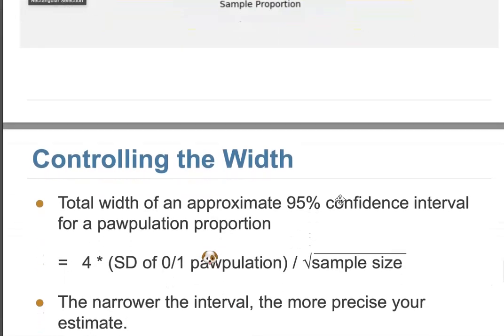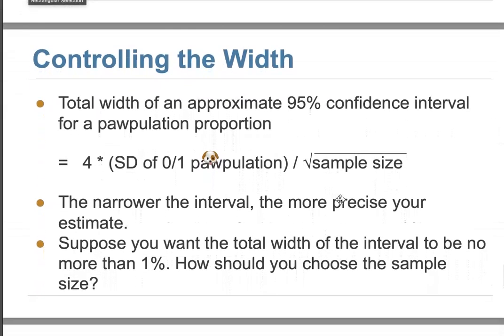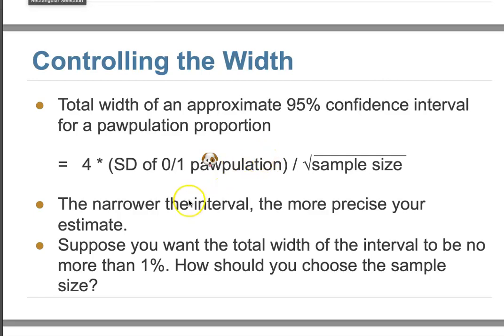And remember earlier we also said the standard deviation for the sample average will be the standard deviation of the population divided by the square root of the sample size. So the total width of the 95% confidence interval for a population proportion will be 4 times the standard deviation.